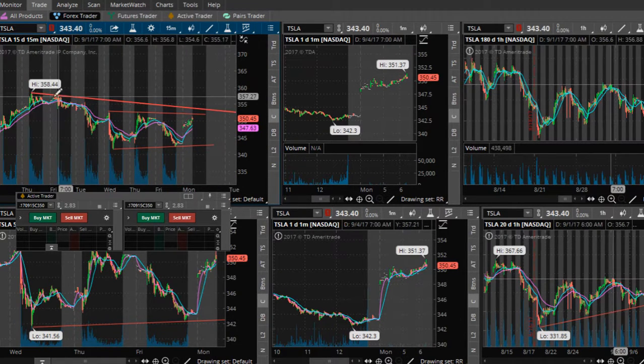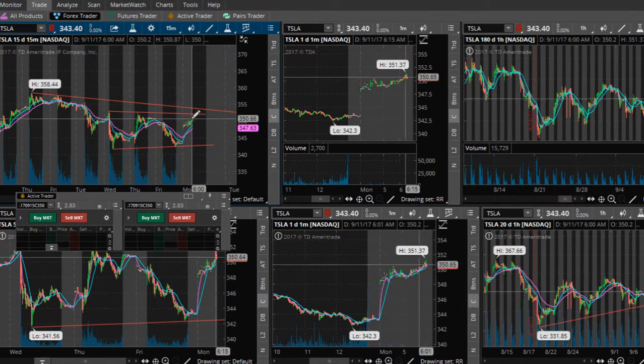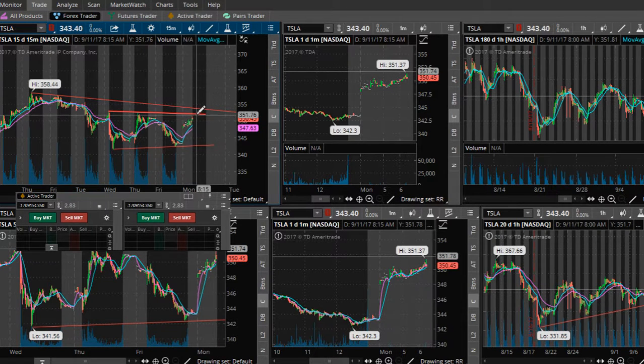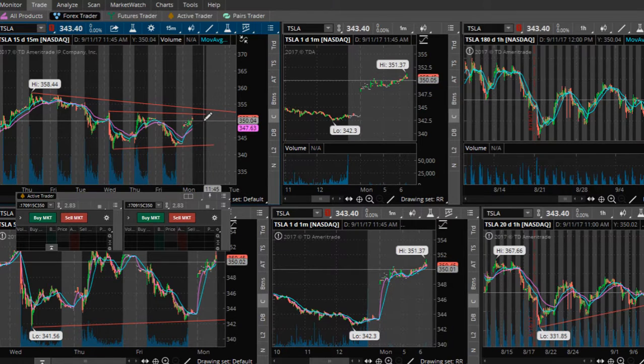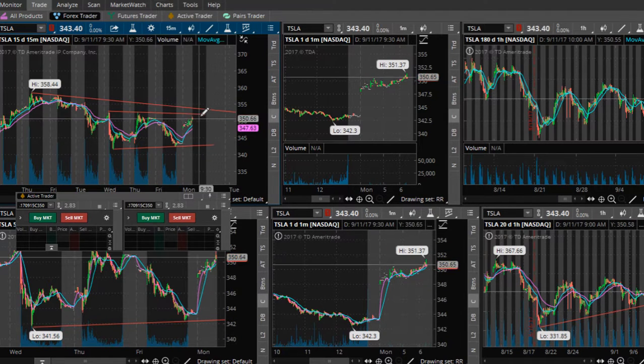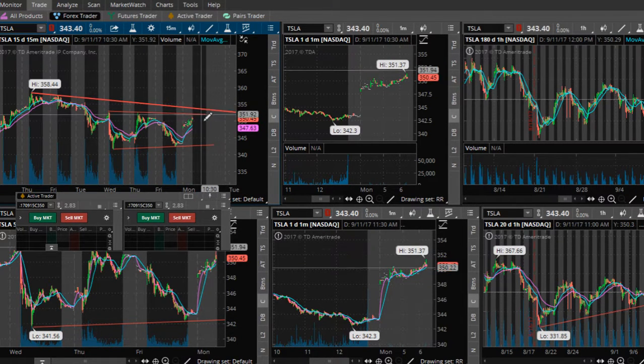The reason why I drew it right here, even though it only has 2 connection points, is because I can see that over here today it's approaching a high. So as it's approaching a high, I want to see where is it going to have some resistance? Where is it going to start pulling back? And so these lines will indicate where that's probably going to be in the day.